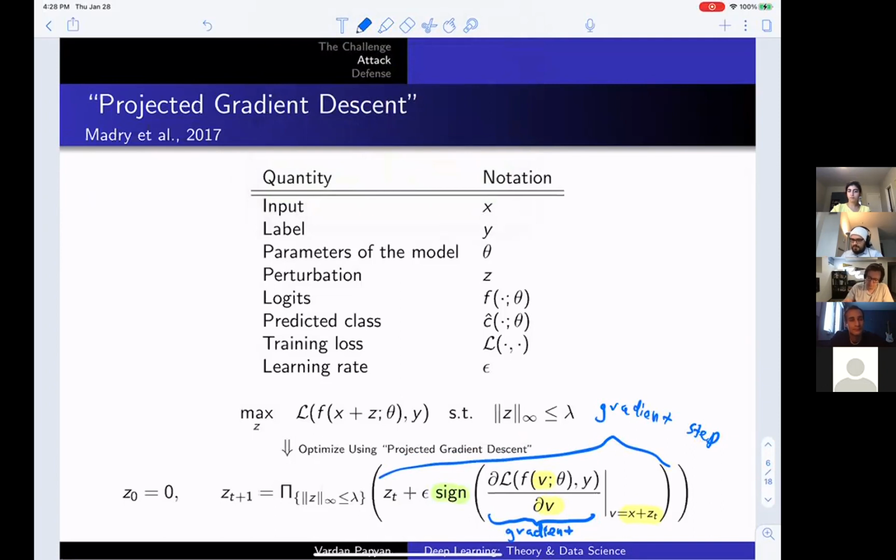And afterwards, they take this new z after the gradient step, and they apply a projection onto the L infinity ball. So it's a gradient step together with a projection, and that gives you the new z_{t+1}.